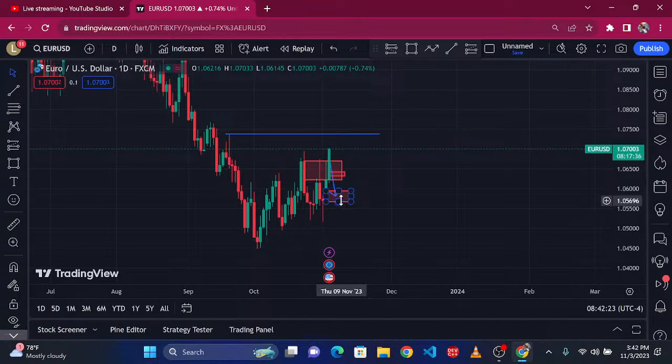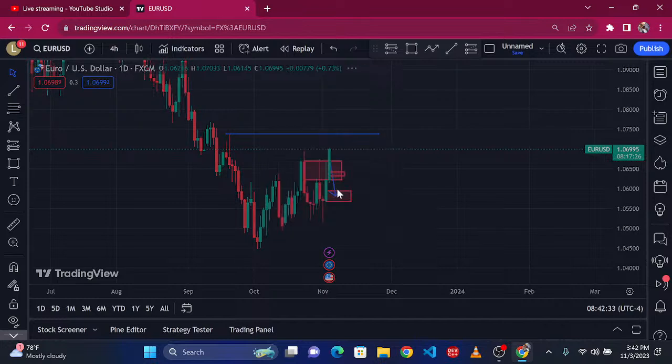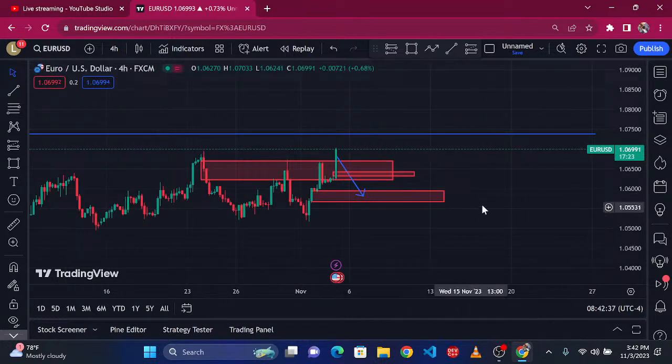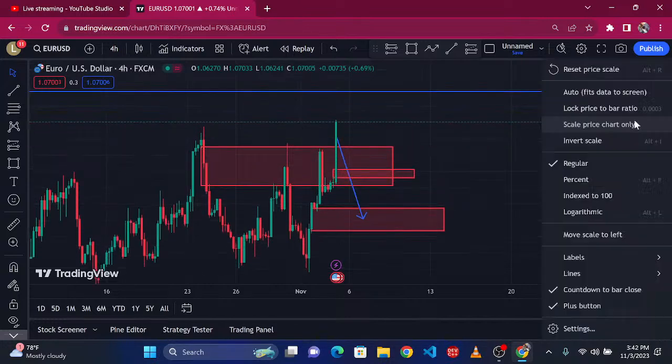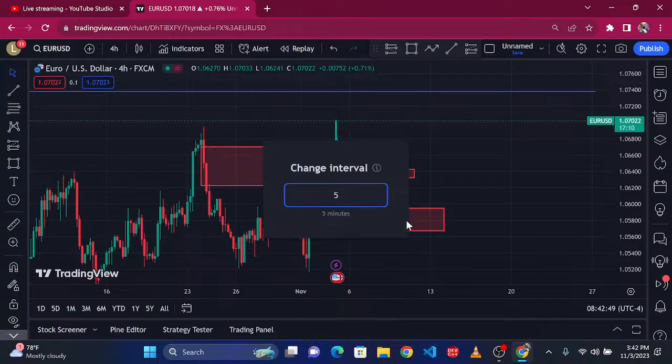It has been leaving a lot of fair value gaps down. It has left this one, it has left this one, so I am hoping it comes back, and I know it will, but it might come back after hitting a stop loss, which is okay. You are buying, but you are leaving gaps behind. 5 minutes.